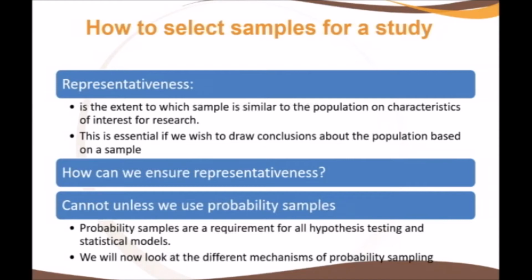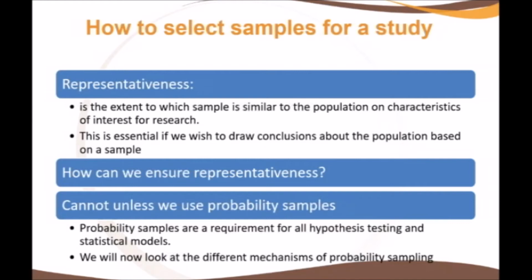So as I've also indicated, probability samples are required for hypothesis testing. And what I mean by hypothesis testing is, for example, if you want to test that girls are more likely to score higher grades. That's the hypothesis. Or that between girls and boys, there's no difference in the grades.